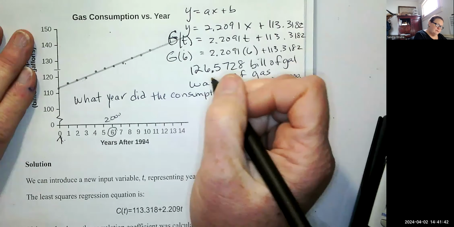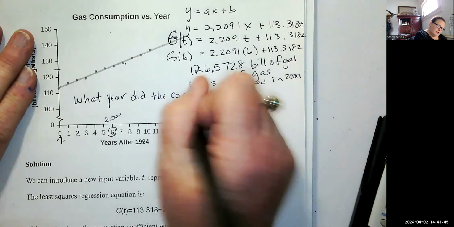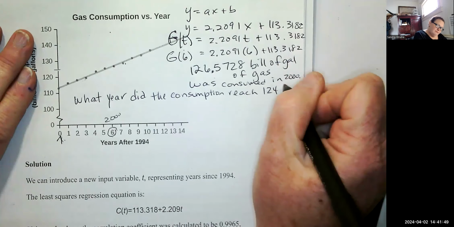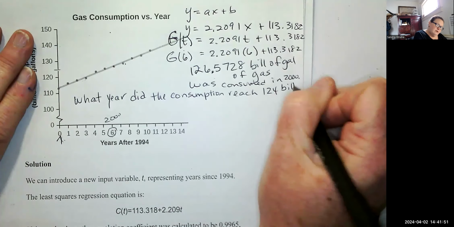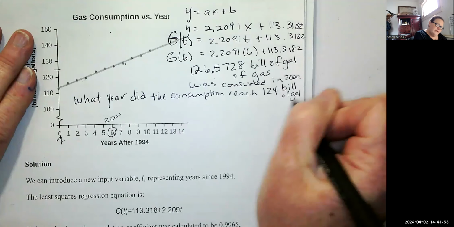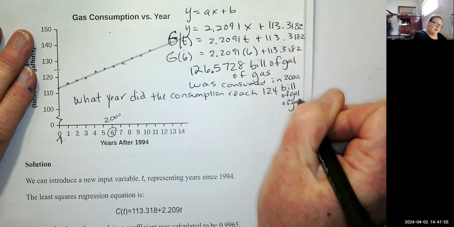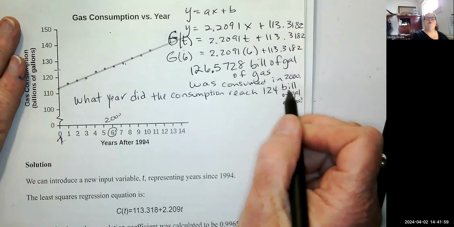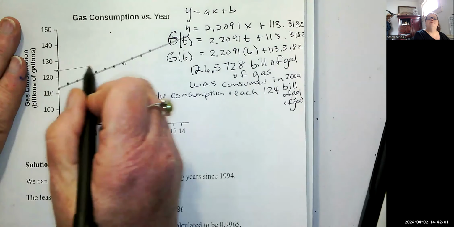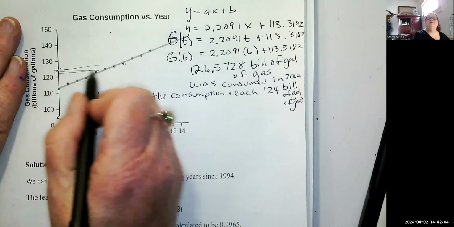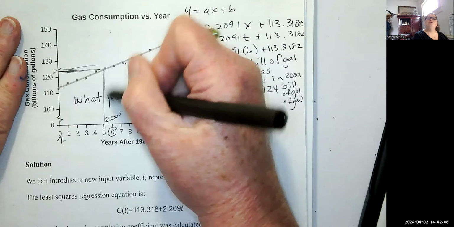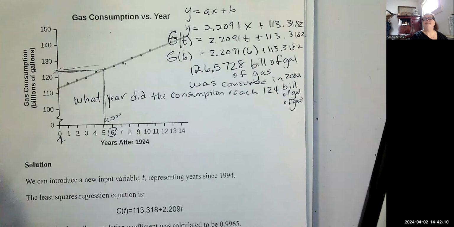No, 120, let's go with 4. Reach 124, and that would be billions of gallons of gasoline. That would be the next question I would ask on this. So 124 is right about here. So, oh, my lines. And that hits, well, we know it's going to be before 2000. All right, so let's see when that happens.